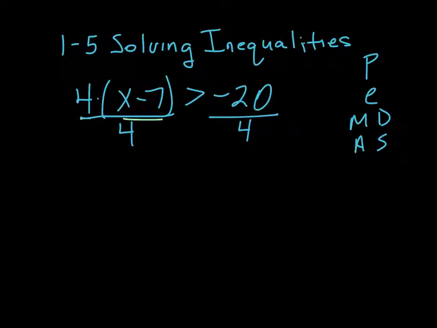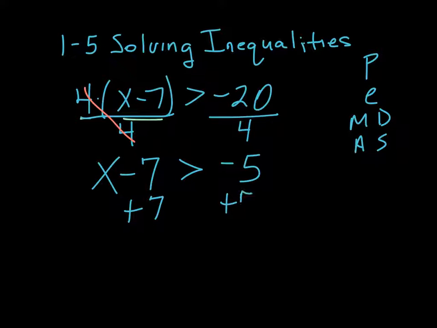We know then that this will cancel out. 4 over 4 is going to be 1. And I'm going to rewrite this as x minus 7 is greater than now negative 5. The only thing left to do is to move our 7 over to the other side, and we have x is greater than 2.